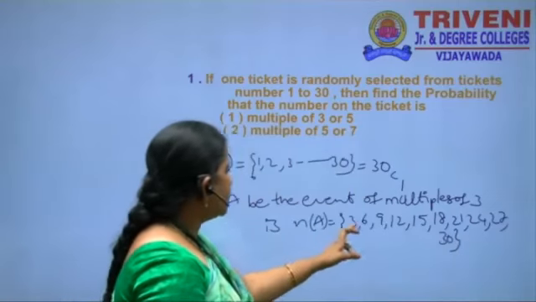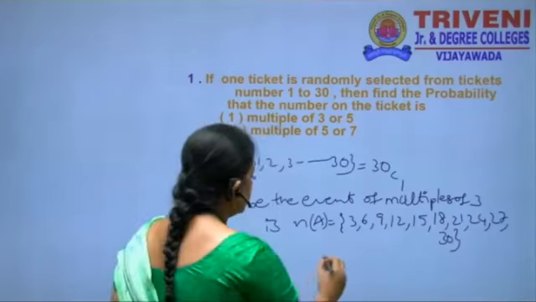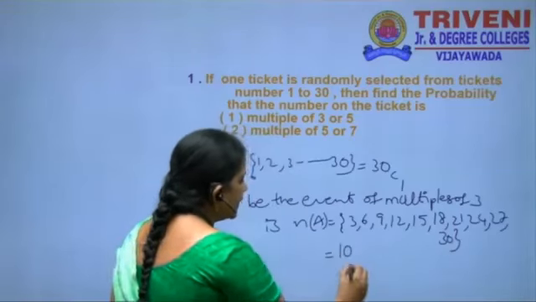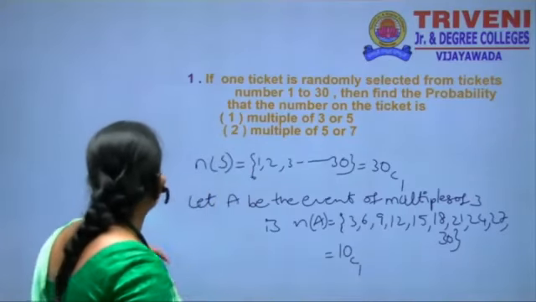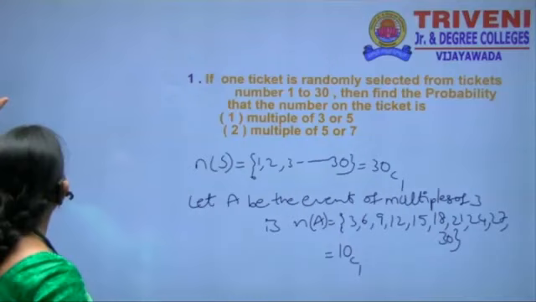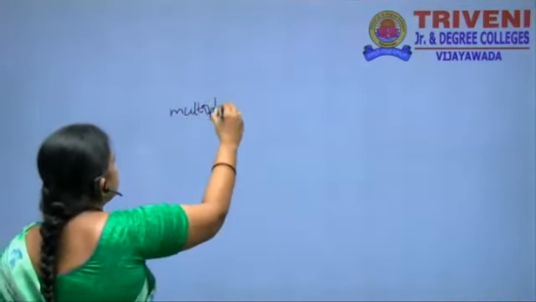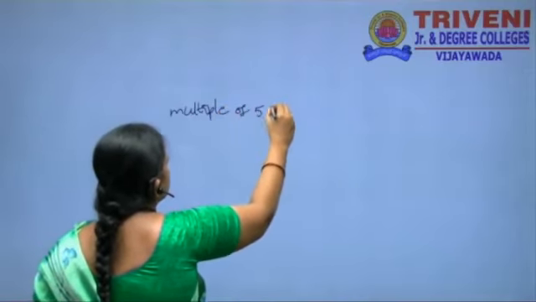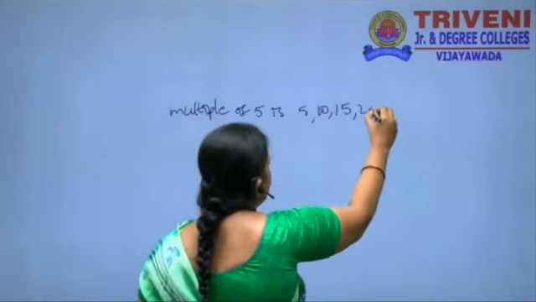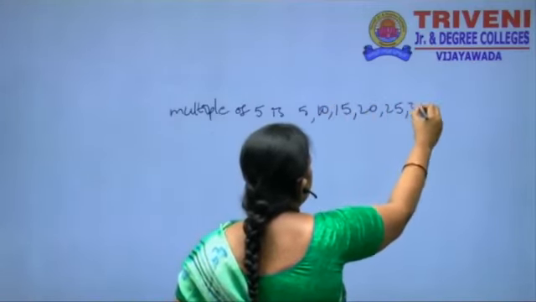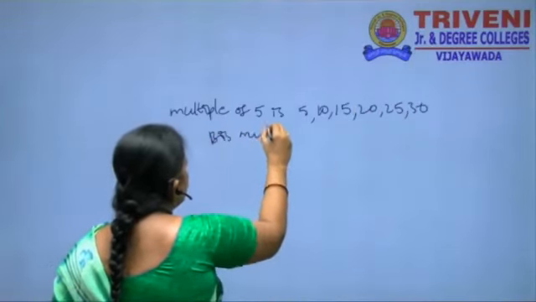How many are there? 1, 2, 3, 4, 5, 6, 7, 8, 9, 10. That is 10. N of A is equal to, taking only one ticket, 10C1. Then multiples of 5: 5, 10, 15, 20, 25 and 30. Here B is the event of multiples of 5.